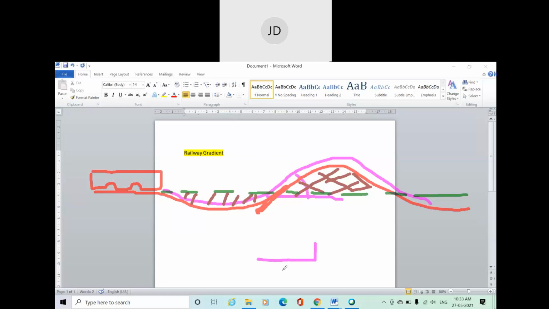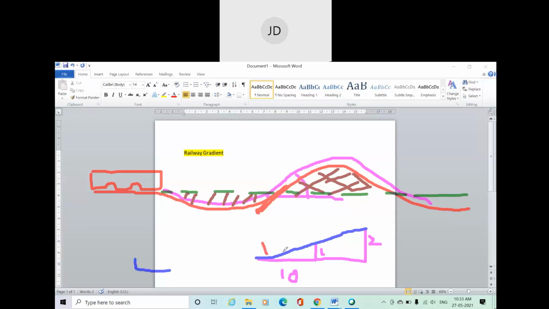Suppose for each 10 meters of horizontal run, we provide 1 meter vertical. For the next 10, it will be 2, like that. If you connect all these points, you will get a kind of gradient, so above this you can place your rail or train.